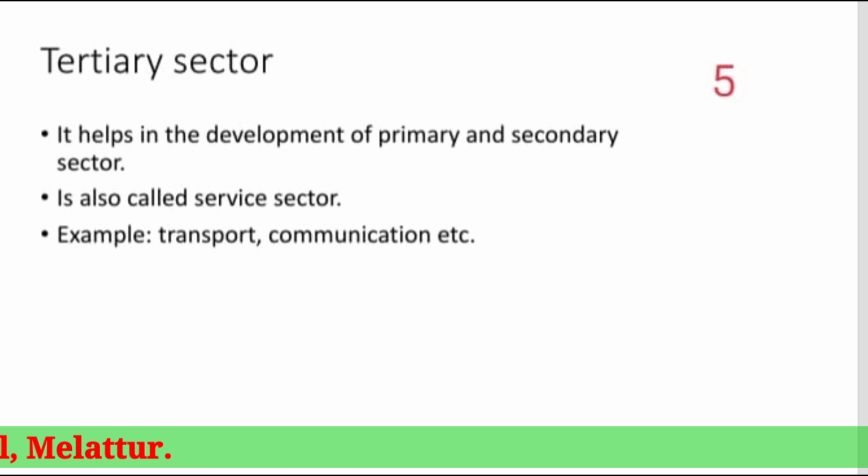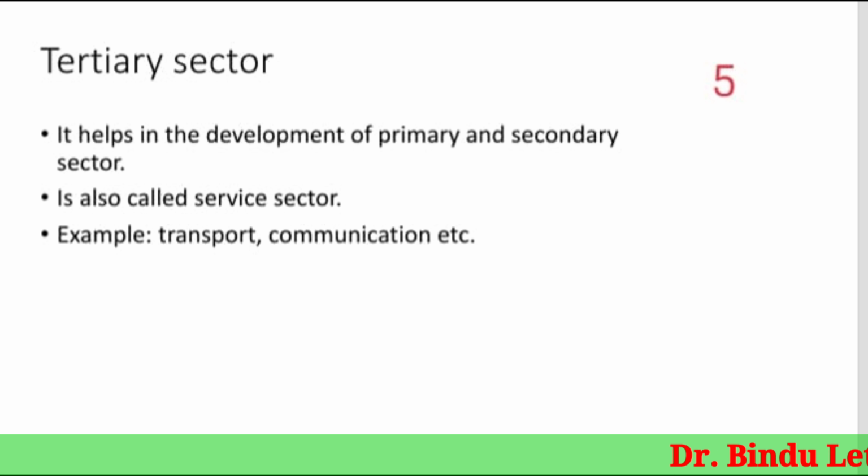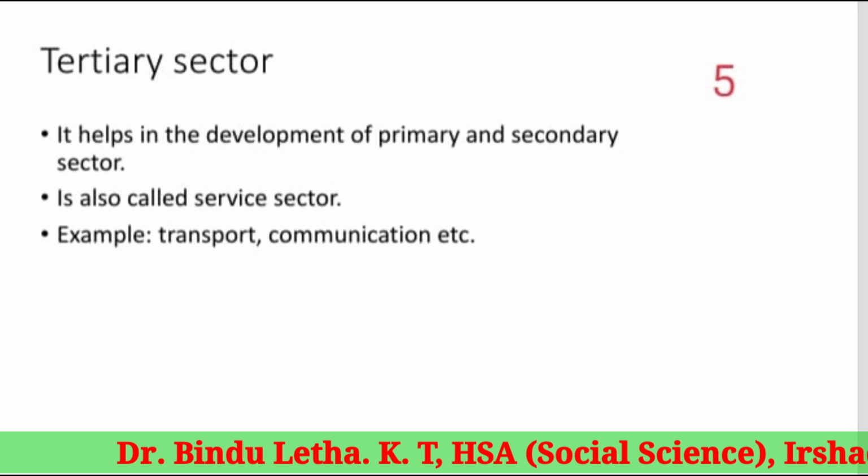In the case of the tertiary sector, the products from the primary sector and also from the secondary sector need to be distributed or sold. Then the need for transportation, communication and other services is very essential.